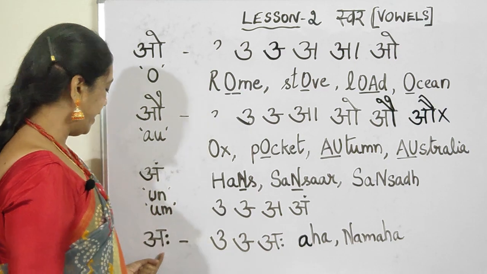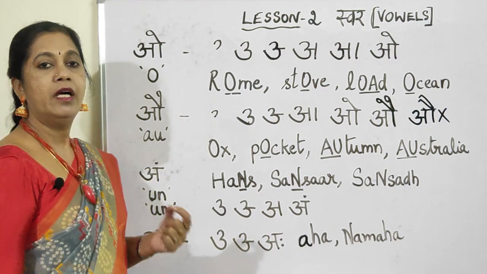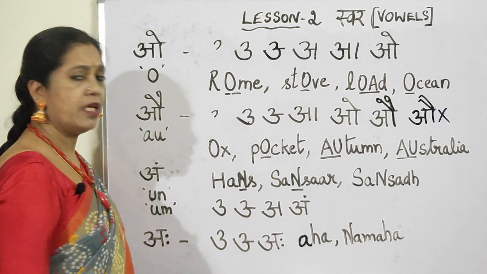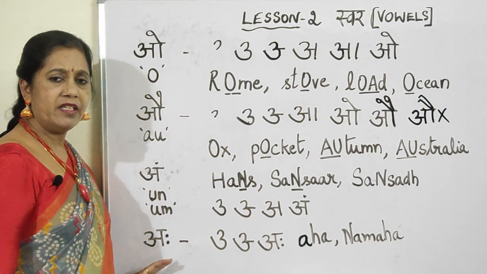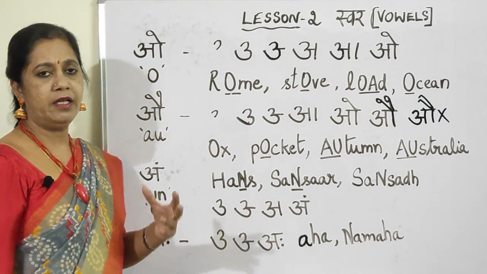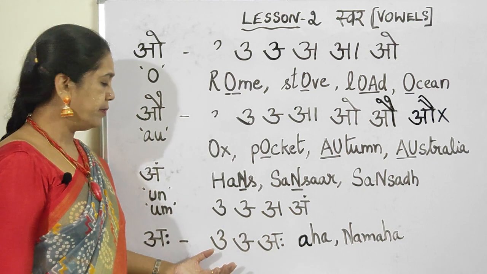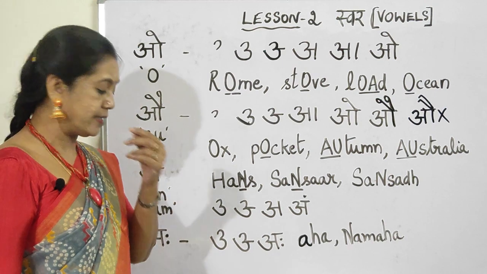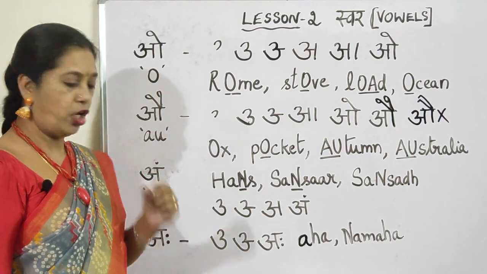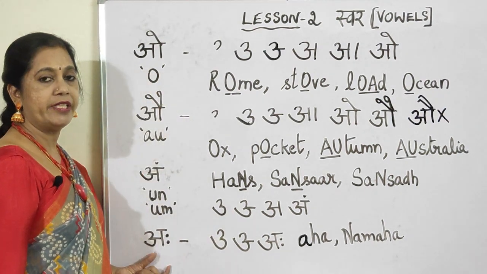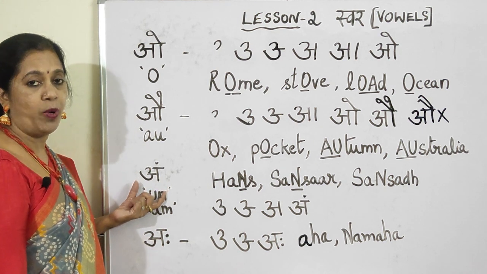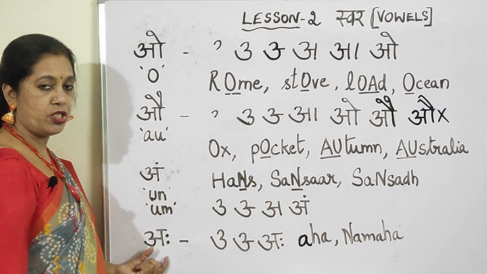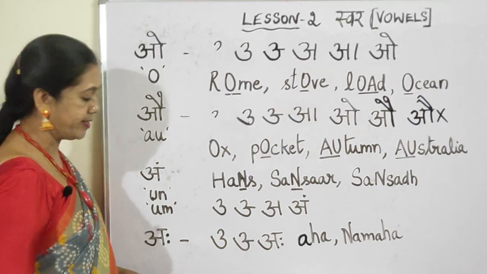Now the next one, very simple one, aha. This is again all Sanskrit words. Prataha, Subaha, Namaha. Like that we get all these words. They are all Sanskrit words which have the two dots. In Hindi we call it Visarg, and this we call Anuswar. This is called Anuswar and this is called Visarg, which has two dots on the side.